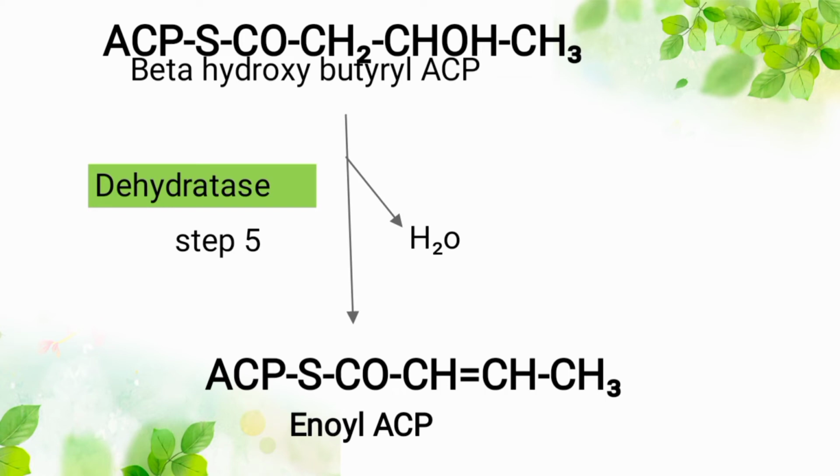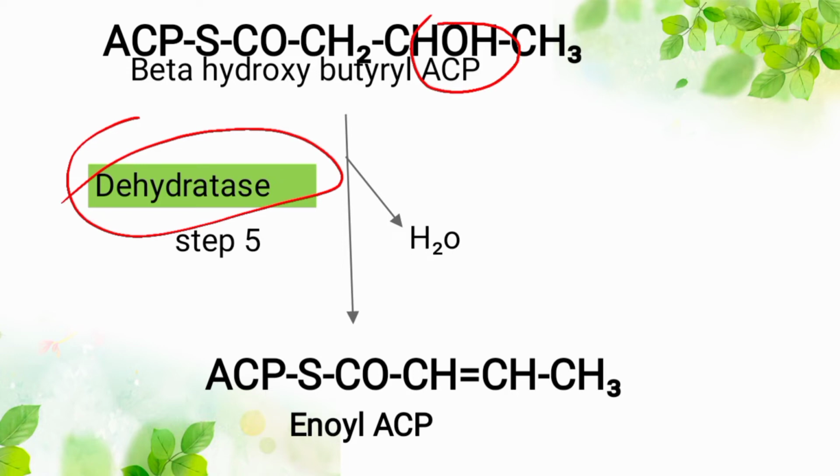Step 5 is catalyzed by dehydratase. From the name, what he does is dehydrate. It's like the sun. It comes with high temperature and pulls out water. He's very angry, very deadly. So what he does is he pulls out water from this beta carbon and the alpha carbon.